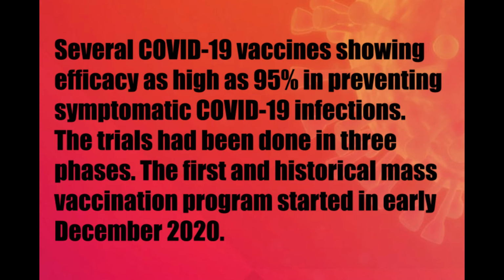Several COVID-19 vaccines show efficacy as high as 95% in preventing symptomatic COVID-19 infections. The trials had been done in 3 phases. The first and historical mass vaccination program started in early December 2020.